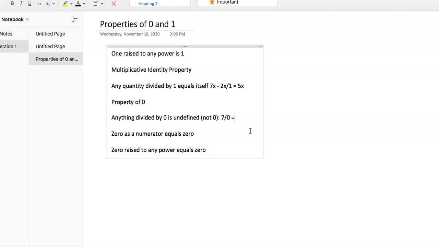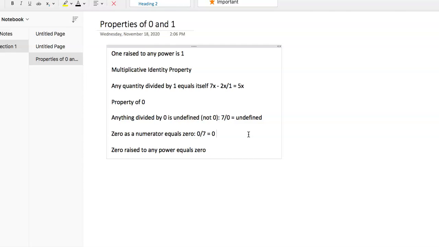Anytime you have a 0 in the denominator, it is undefined. As opposed to, if we look one more line down, if 0 is in the numerator, so instead of 7 divided by 0, it's 0 divided by 7, that does equal 0. There you go. That's the key one to remember.